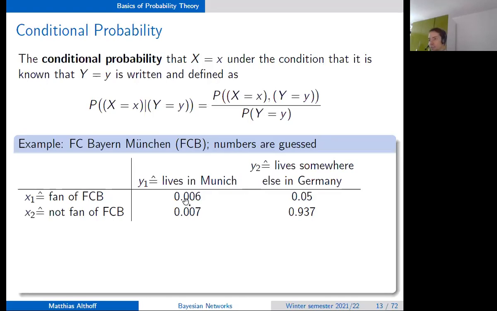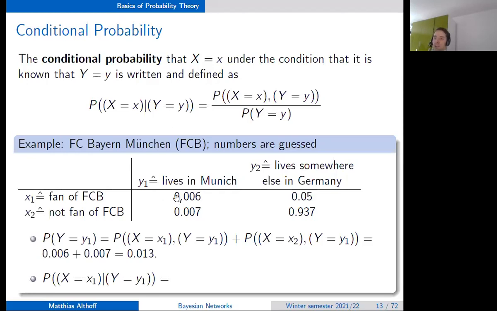So 0.006 is the probability that you live in Munich and are a fan of FC Bayern München, for instance. What we are interested in is the probability that you're a fan of FC Bayern München given that you live in Munich, which is probably higher than if you live somewhere else in Germany. Of course, there could be some small villages where there are a lot of fans and the conditional probability is higher, but in Munich it should already be quite high.